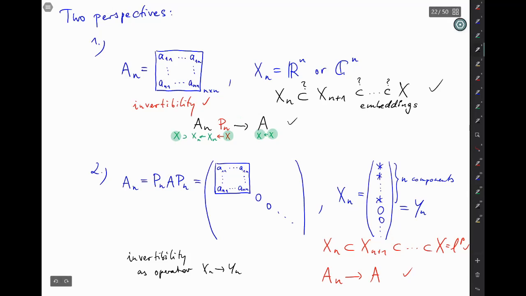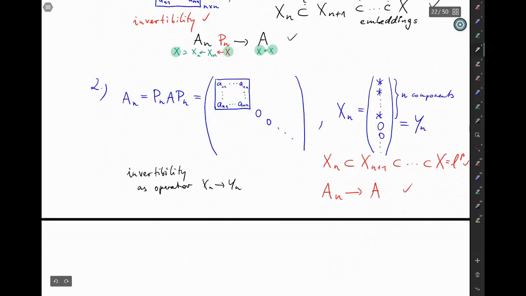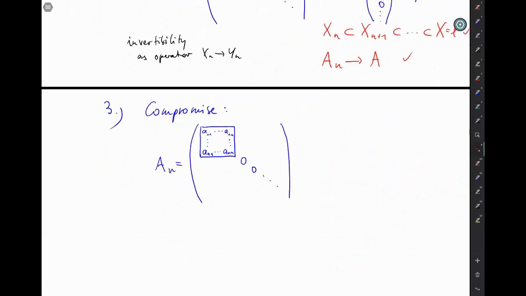Okay, so both perspectives have their benefits and their problems, and what we often do is we freely switch between these two perspectives, and sometimes as some kind of compromise, we take a third perspective. So we copy our second perspective, but instead of these zeros down here, we put ones.